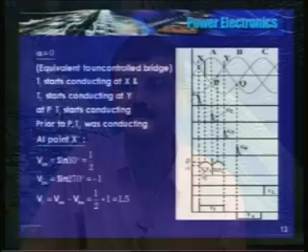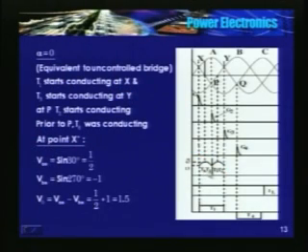So during this instant, T1 and T6 were conducting. At this instant, T2 is triggered. Now voltage is VAN minus VCN. It continues for another 60 degrees.